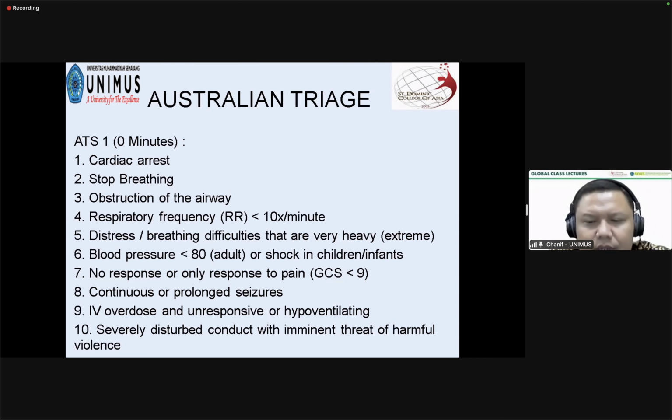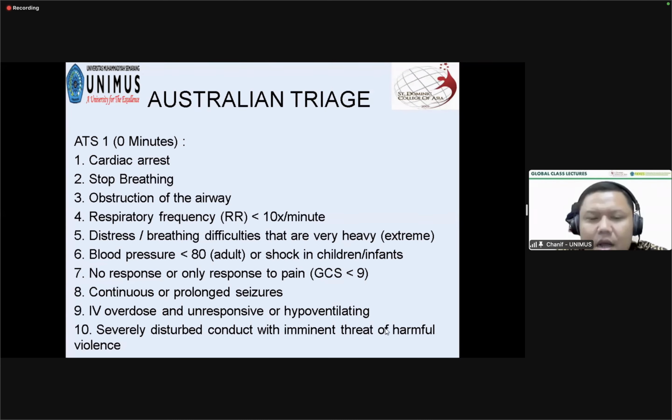Another condition that can use this model is patient with psychological disease, with severely disturbed conduct and harmful behavior. This is one of the models that can be used in psychiatric hospitals.